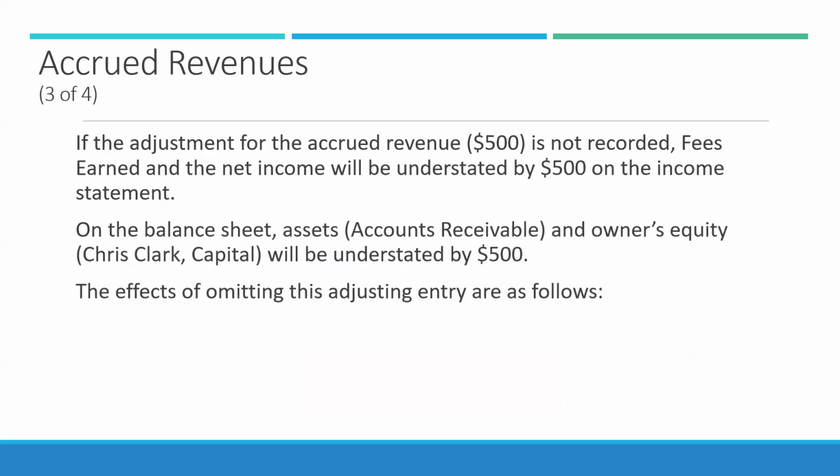If the adjustment for the accrued revenue, $500, is not recorded, then our financial statements will be off. Our revenues are going to be down $500, and our asset accounts receivable is going to be decreased by $500. Make sense?